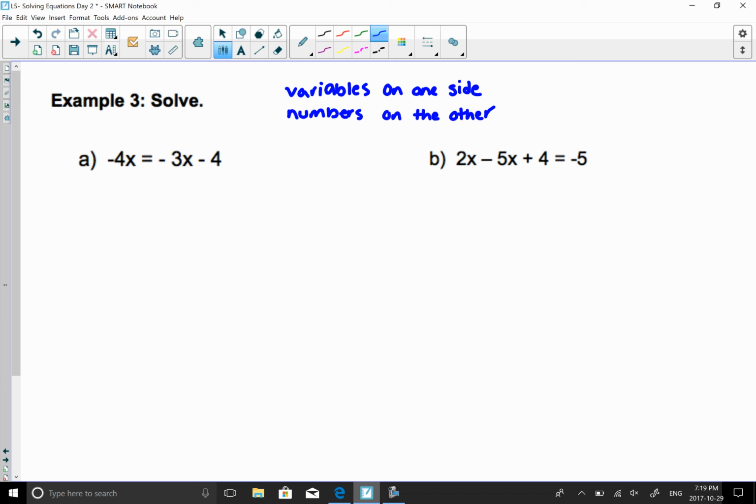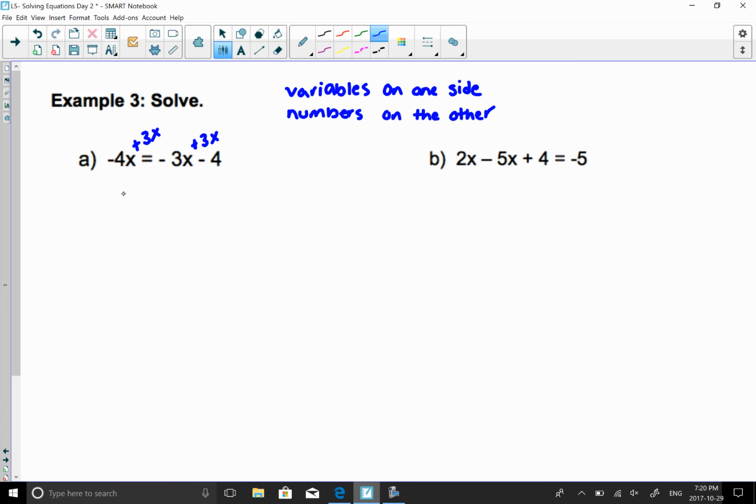Okay. So this here, I want to get rid of this variable on this side. I want it on the other side. So what I do is I add the opposite to it. This is negative, so now it's positive. So that's 0 there. But as you know, it has to be done on both sides to keep things balanced.